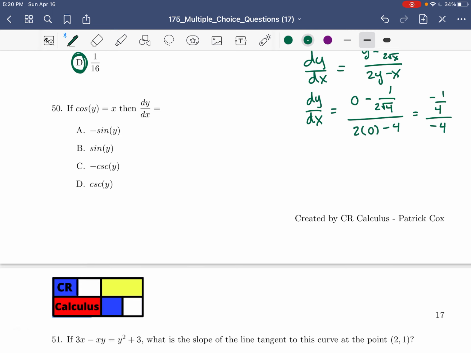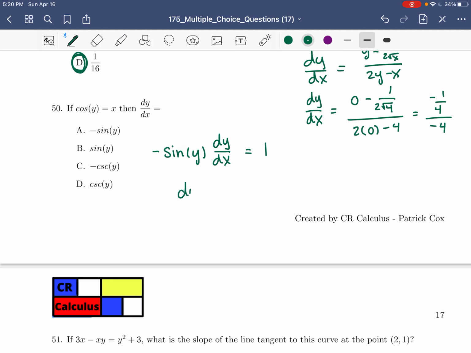Okay, 50, we have cosine of y equals x, and we want dy dx. This is another implicit because you have x's and y's mixed together. So the derivative of cosine y is negative sine y dy dx. Derivative of x is just going to be 1.